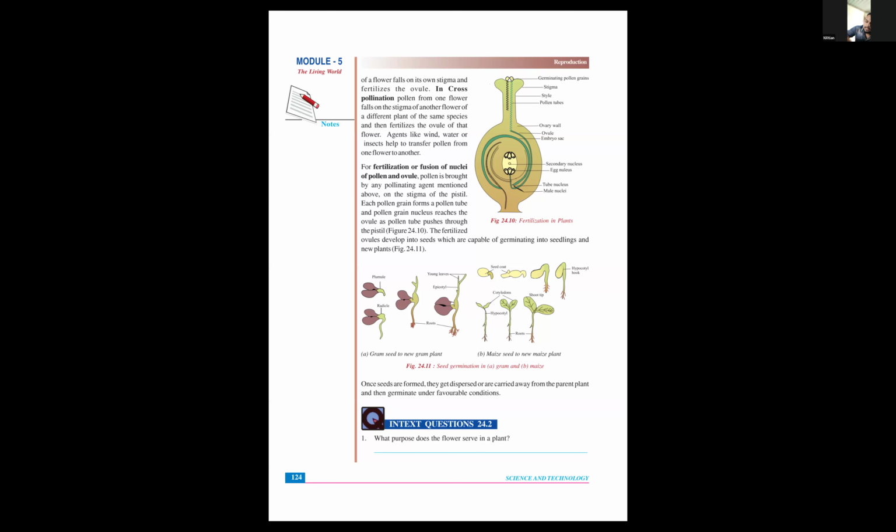Now, what happens? These pollen grains, which are released by the anther, come to this flower. They come to this stigma, the female reproductive part, and they get stuck.